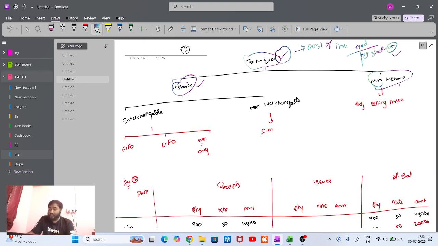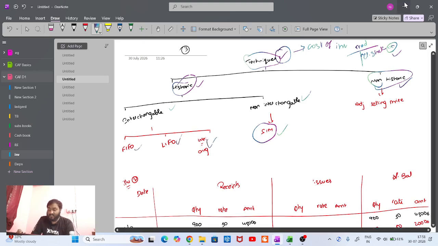This is not non-past price. Historic also has two classifications: interchangeable and non-interchangeable. For non-interchangeable, it is the specific identification method, SIM. For interchangeable, there is FIFO, LIFO, weighted average.